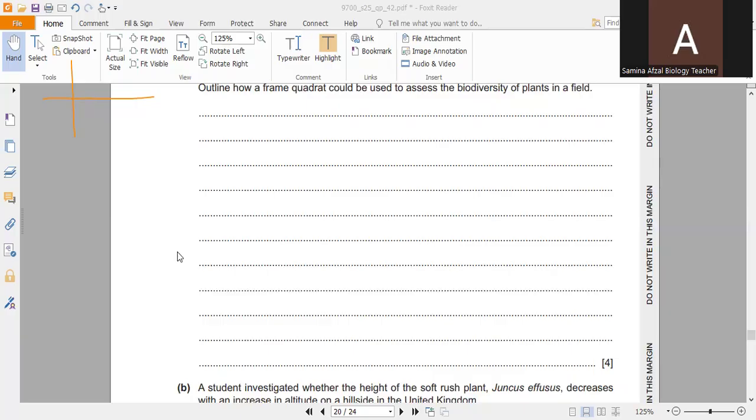Now we are moving towards the answer, which I have told you. We will start from the first step. First of all, we have to use this random sampling method.